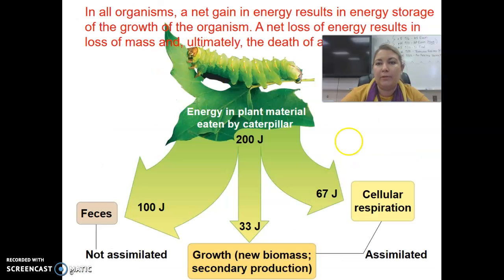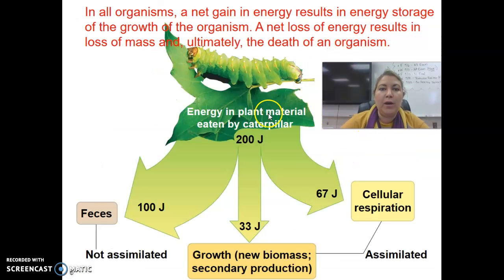As we measure our caterpillars over the past week or two, we are measuring their growth or their biomass. Biomass, of course, is just mass that is living. We measure their biomass and their feces, and we also measure how much they eat.